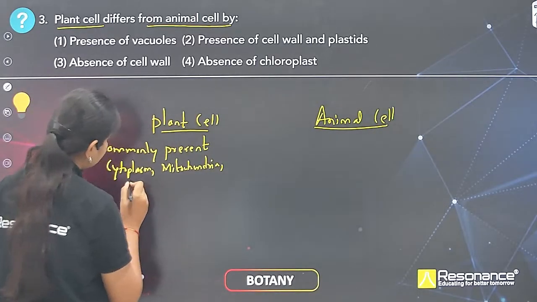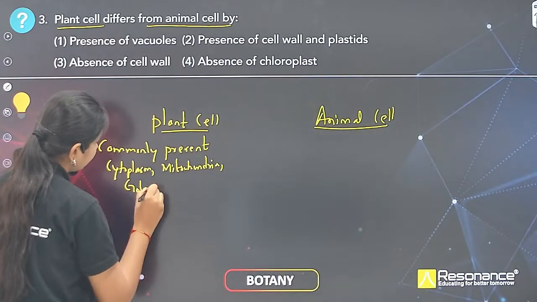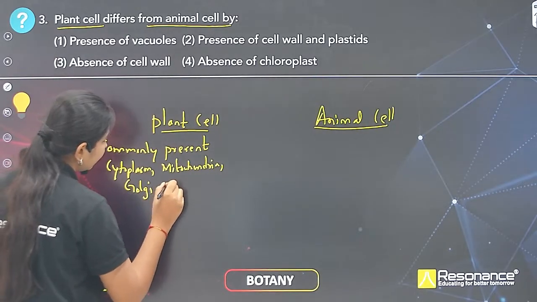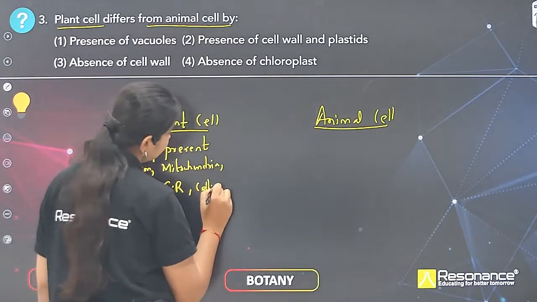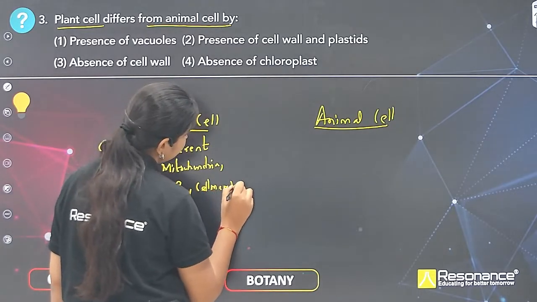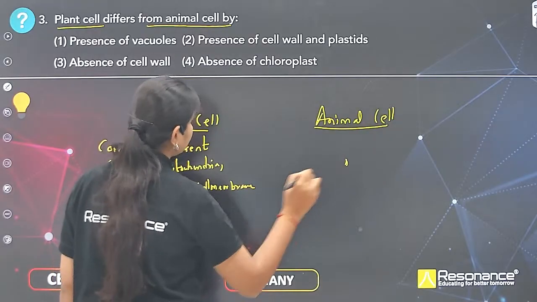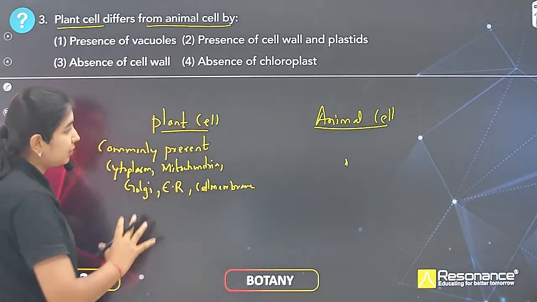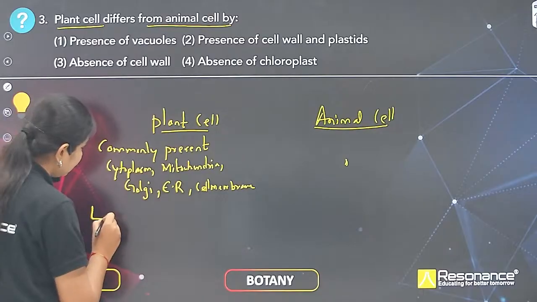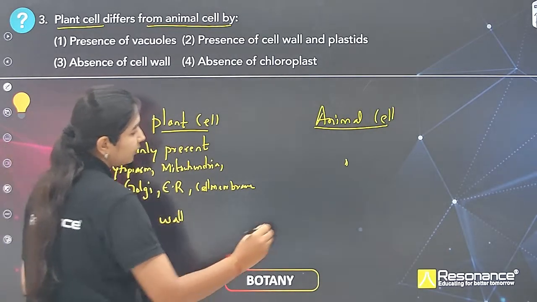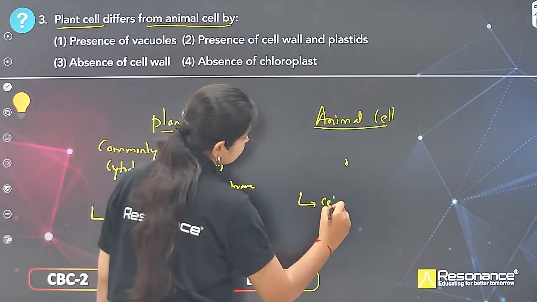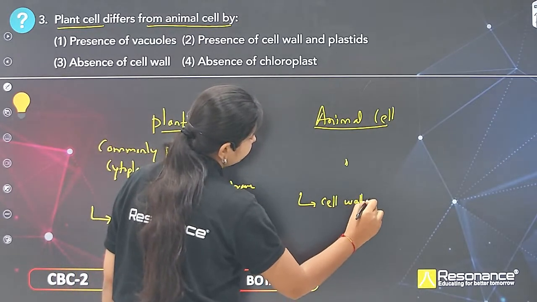Next we have the Golgi body, then the endoplasmic reticulum, and the cell membrane, which is common in both of them. Now what is in excess? In the plant cell you also have a cell wall, but in the animal cell the cell wall is absent.